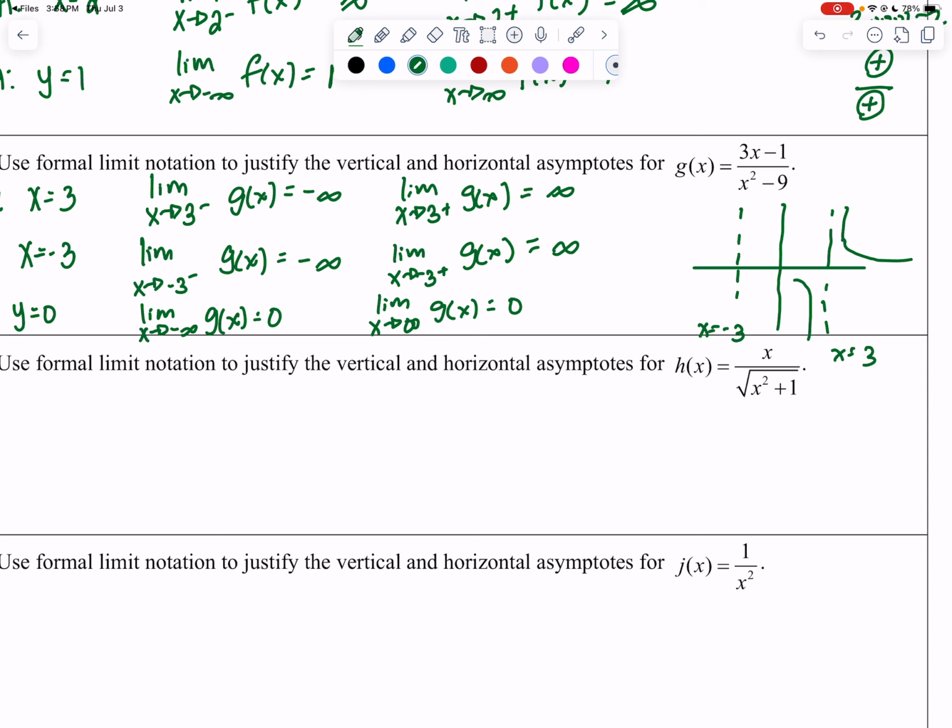So that looks like this right here. And then 3 to the right is positive infinity. So it's going to look something like this right here.